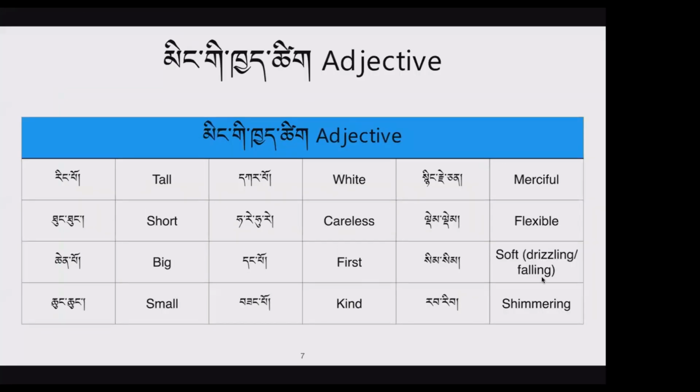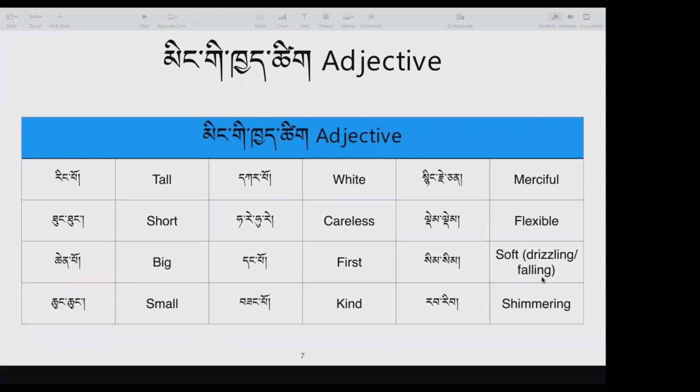So a drizzling of rain or soft and gentle snowfall. The kind of snowfall that happens normally, not those heavy snowfalls, but those which gently fall on the ground, usually in the winter nights when it's very quiet and very peaceful. So simsim can also be understood as soft drizzling or soft snowfall.